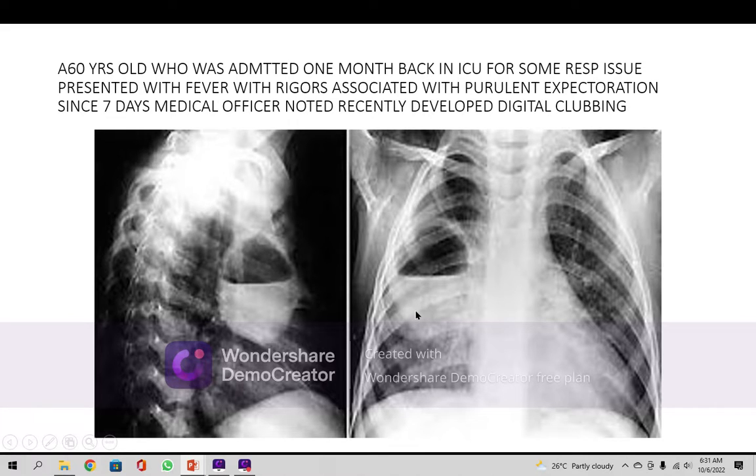The evidence why I am saying this is because the lower part is involved. Look, this is a non-homogeneous type of radio-opacity. There is an air bronchogram which is visible. According to my experience, the first diagnosis is acute inflammation resulting in pulmonary abscess.